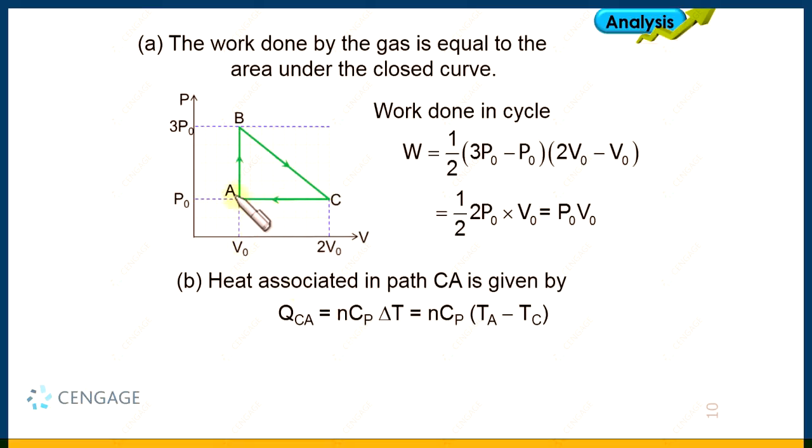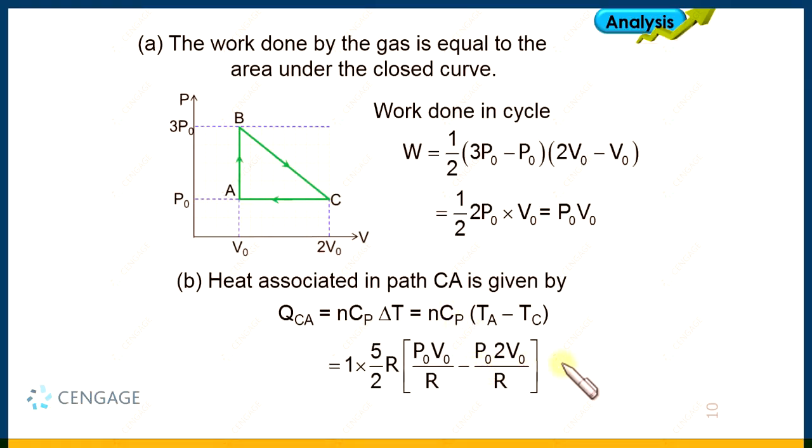That means the temperature at position A is equal to P naught V naught divided by R, and the temperature at this position is equal to P naught 2 V naught divided by R. So, let us substitute these values here, and on solving we get this value equal to minus 5 by 2 P naught V naught, where the negative sign is because the heat is rejected by the system.